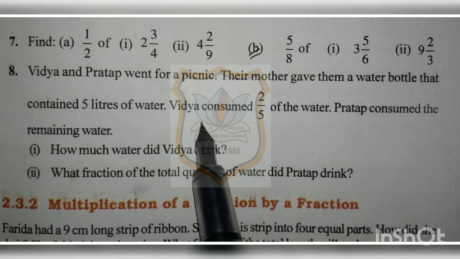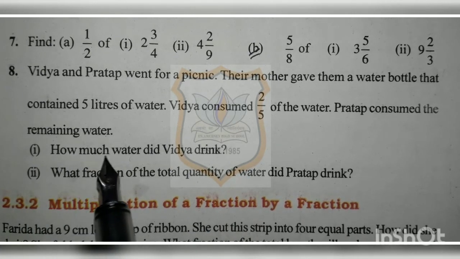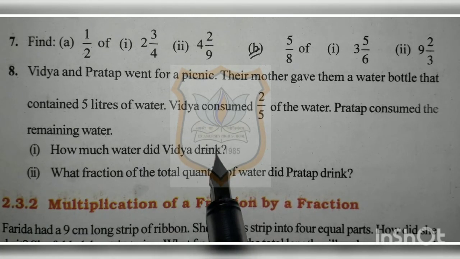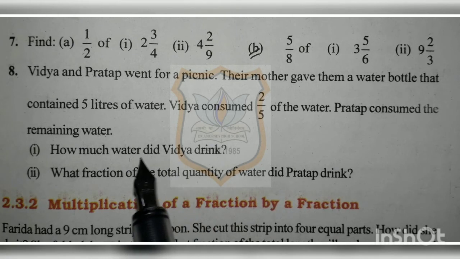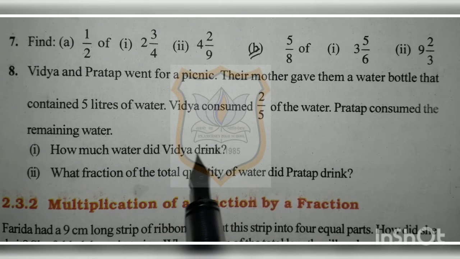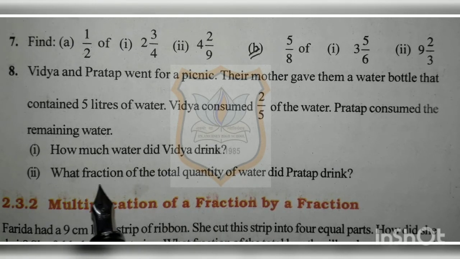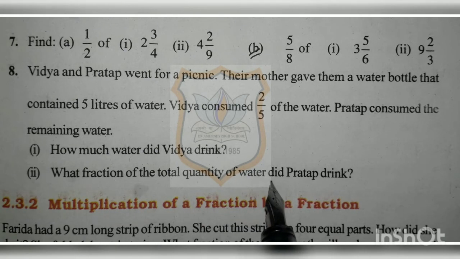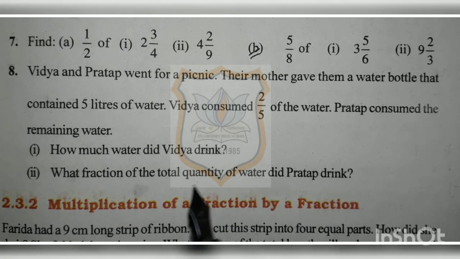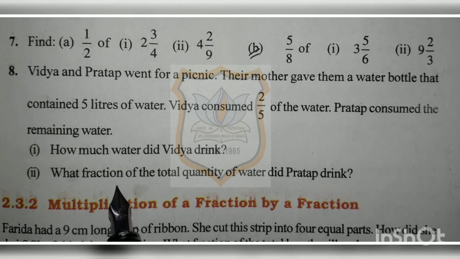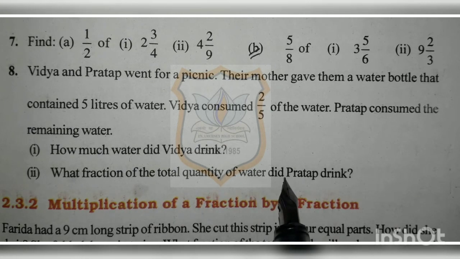Now what you have to calculate, first one is how much water did Vidya drink, and second part is what fraction of the total quantity of water did Pratap drink.